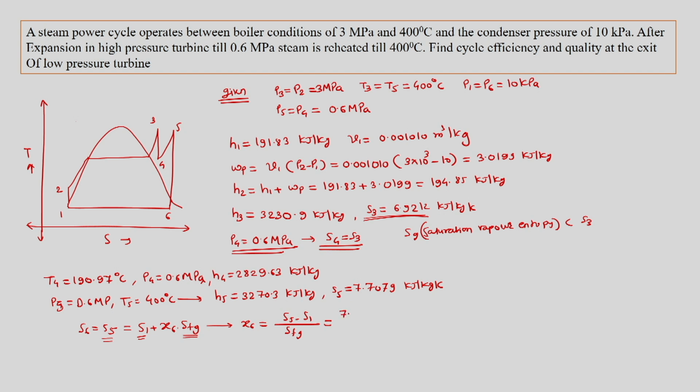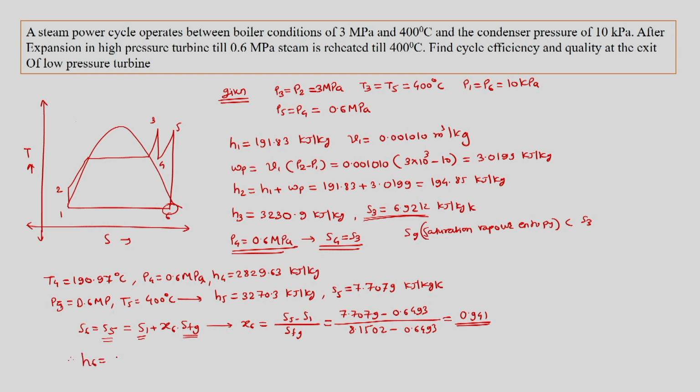So it is 7.7079 minus 0.6493 divided by SFG, which is basically SG minus SF. So SG is 8.1502 minus 0.6493. This gives us X6 as 0.941. This is the dryness fraction at state 6.